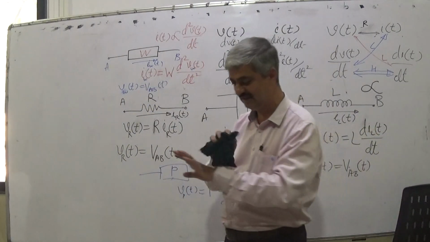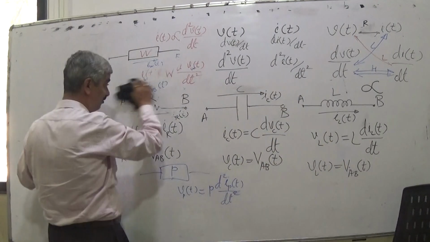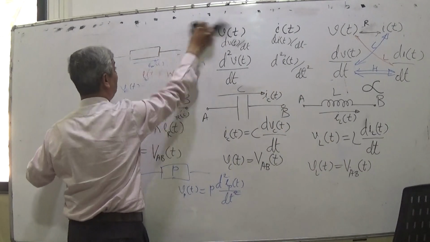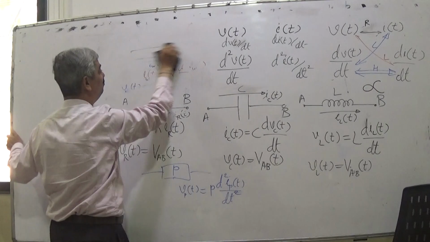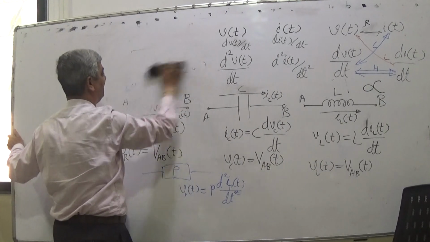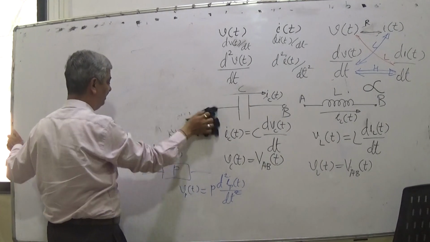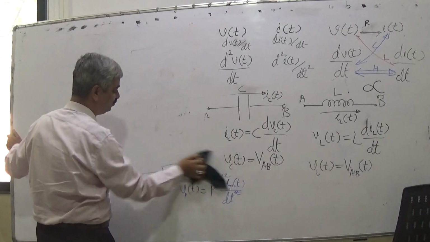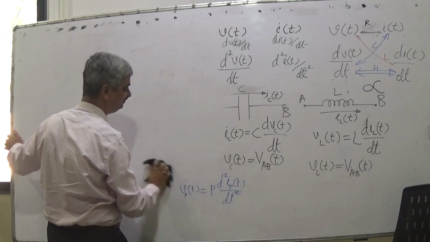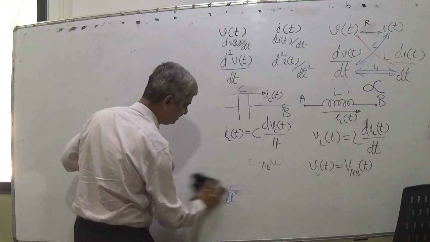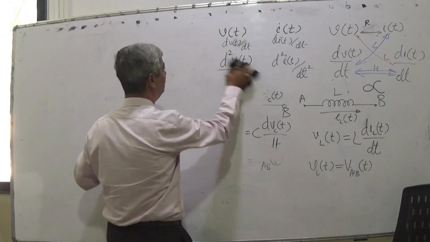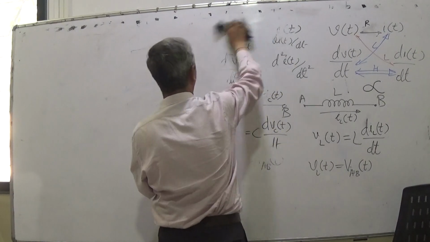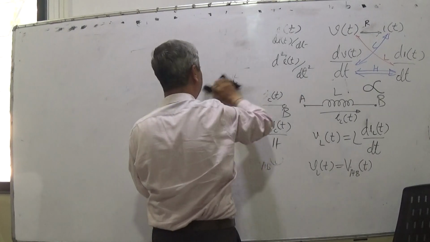So I hope that we leave all these things. Leave all these things means I just explained to you, but we restrict ourselves to R, L and C. Inductor plays a very important role, and when inductor comes into the picture, we get differential equations.